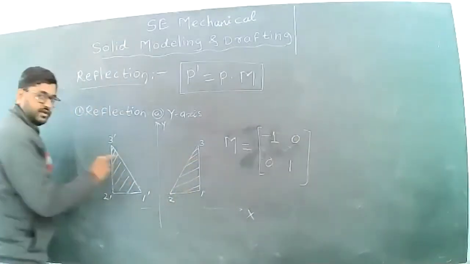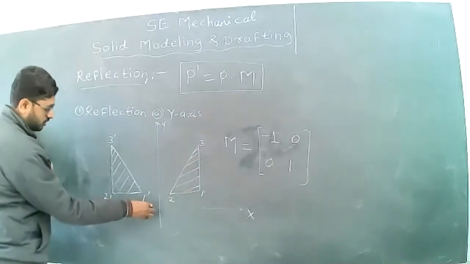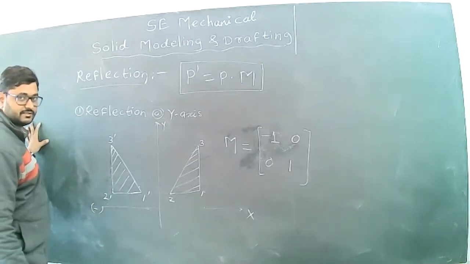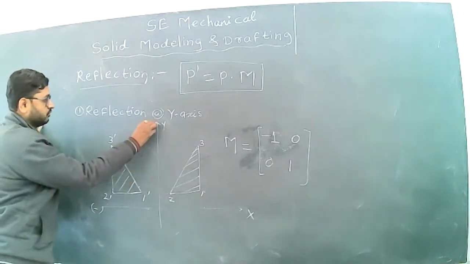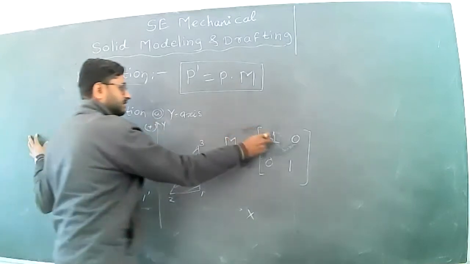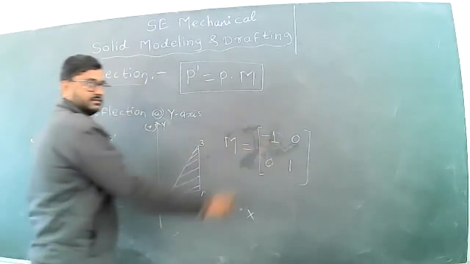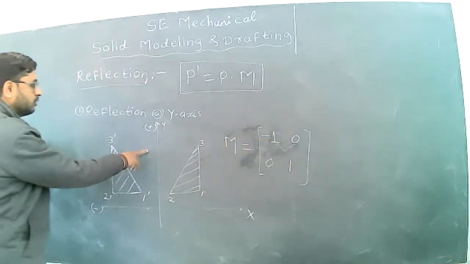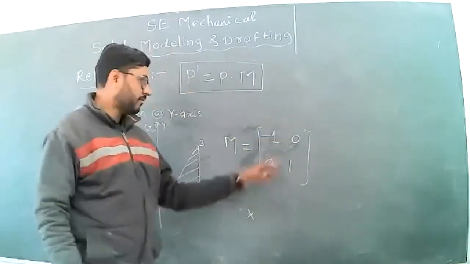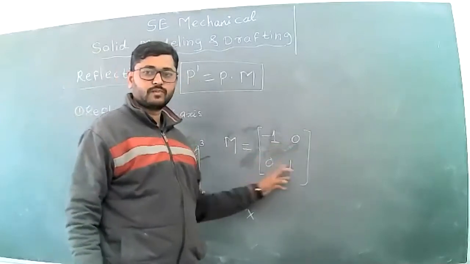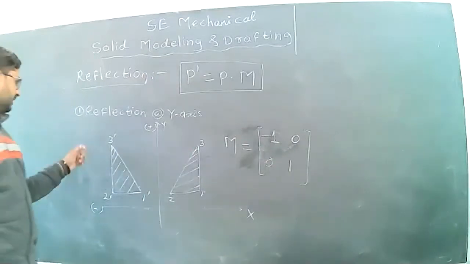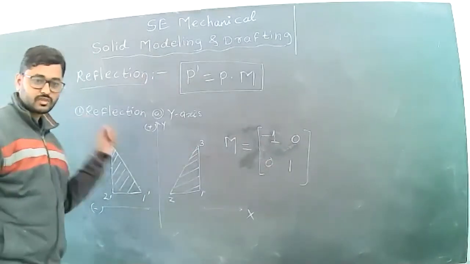Because this reflected triangle is along the negative x-axis and positive y-axis. That's why X is negative and y is positive, so I write down minus 1 0 0 1. M is what? The reflection parameter. This one is the first condition.